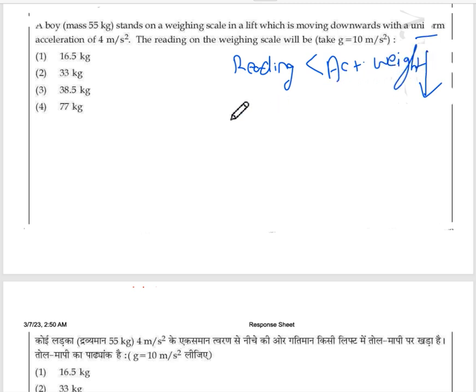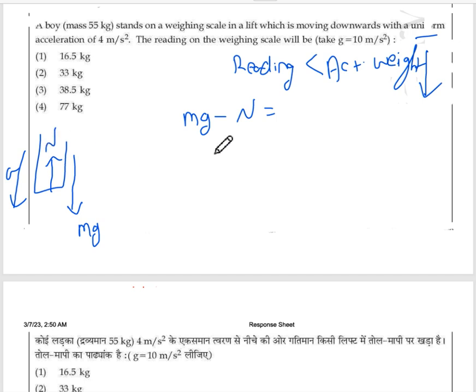For this, the object is moving downward, so the force acting is mg minus the normal force. When the lift is moving down, the force acting downward is mg, and the normal force acts upward, and as it is moving downward with acceleration a, it becomes mg minus n equal to ma.